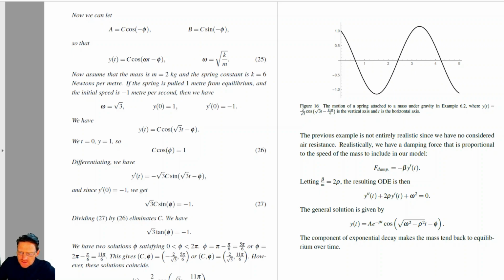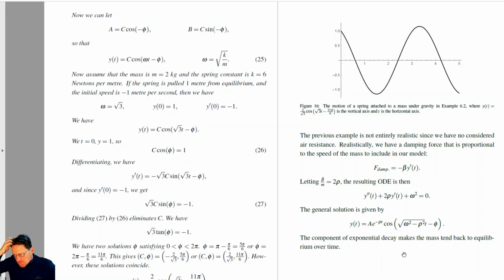So the general solution for this is given by a e to the minus rho t cos of the square root of omega squared minus rho squared, all times t, and then minus phi. So there's a component of exponential decay here, right, which is in the front, which makes this spring tend back to equilibrium.